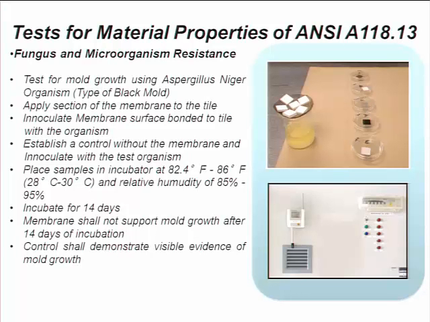You want that to be present on your control to prove that the spore is active. But this is one where, again, the conditions, temperature, humidity, and the incubation are a format that needs to be followed so that when you meet this specification, you can be assured that the product is not going to grow mold and mildew.